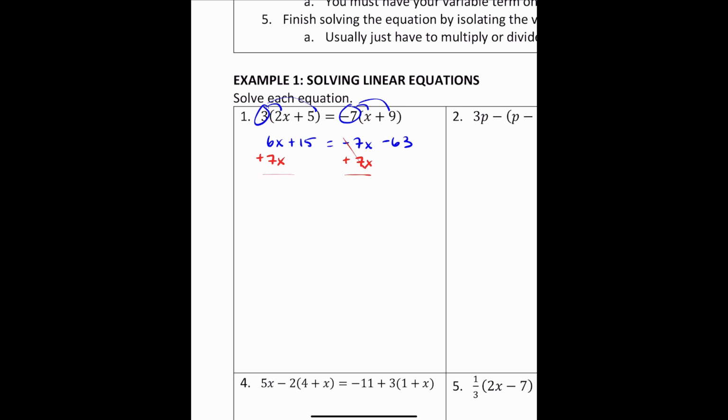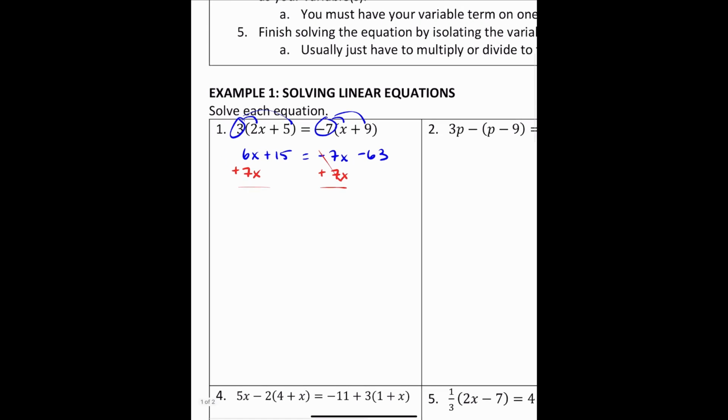Okay, so I have 6x plus 7x is 13x plus 15 equals -63. Then I need to get that 13x by itself, but that positive 15 is in the way, so I'll subtract both sides by 15, and that is going to give me 13x.